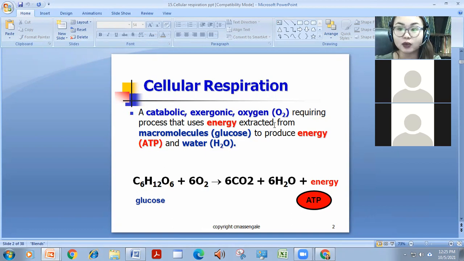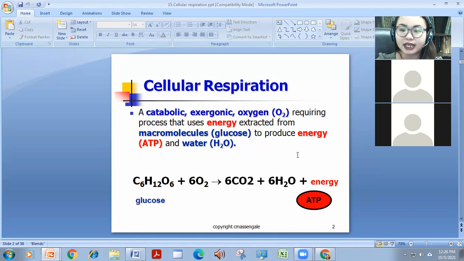This can be done in all sorts of different types of animals, from human beings, in plants, and also animals, no? Cellular respiration is actually a catabolic, exergonic, oxygen-requiring process that uses energy extracted from macromolecules, usually glucose, to produce energy in the form of adenosine triphosphate and water.